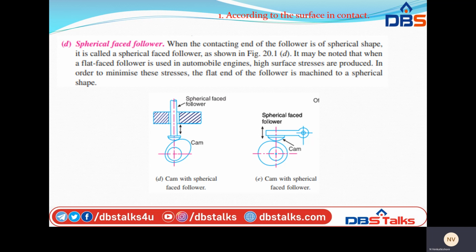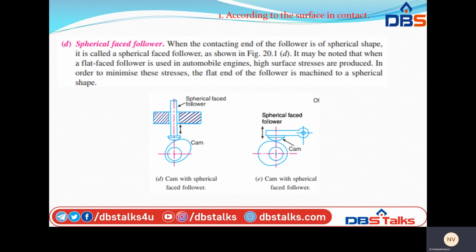Since the stresses are high, the flat surface is made nominally curved, that is the mushroom follower. When these surfaces also have higher stresses, we may go for the spherical shape. Almost half of the circle, curvature of half of the circle, is known as a spherical shape.